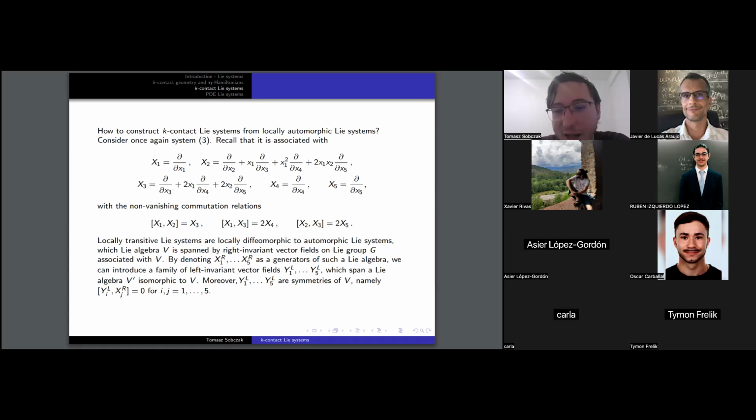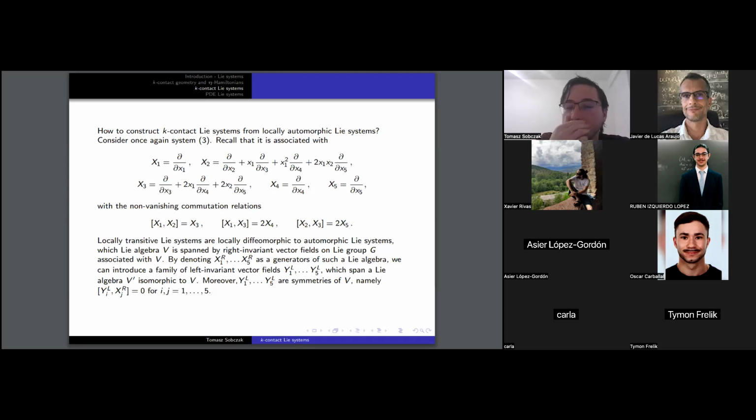The locally automorphic system, meaning, thank you. I didn't notice during the presentation. I have to correct this. But yes, our system, as we can see, is locally an automorphic system, because we can look at X1, X2, X3, X4, X5. In every point, it spans the tangent space of M. So it's an automorphic system.